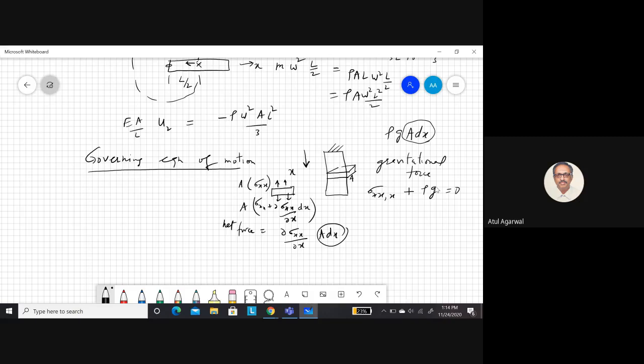So per unit volume force, this is the equation: sigma xx comma x plus rho g is equal to 0. So this is the equation of motion for this. So this is known as body force. If you want to generate equations, you multiply with some weighting function, integrate over the volume. So what do you get?